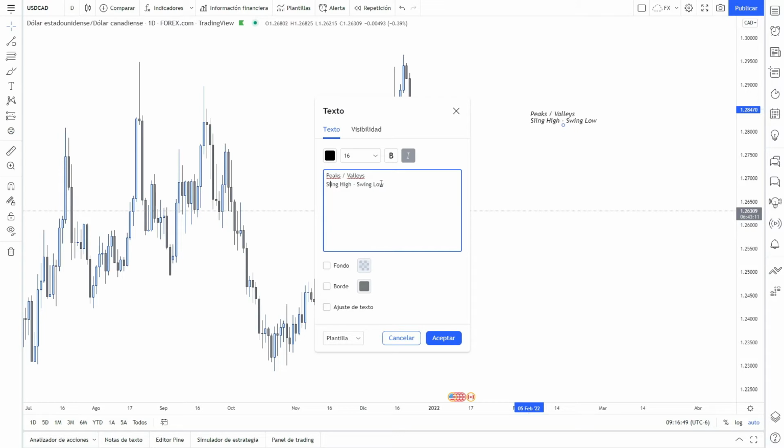Second, we have CP levels. CP means continuation pattern. And we have swap zones. Those are the three types of supply and demand levels we have. We just need those three.